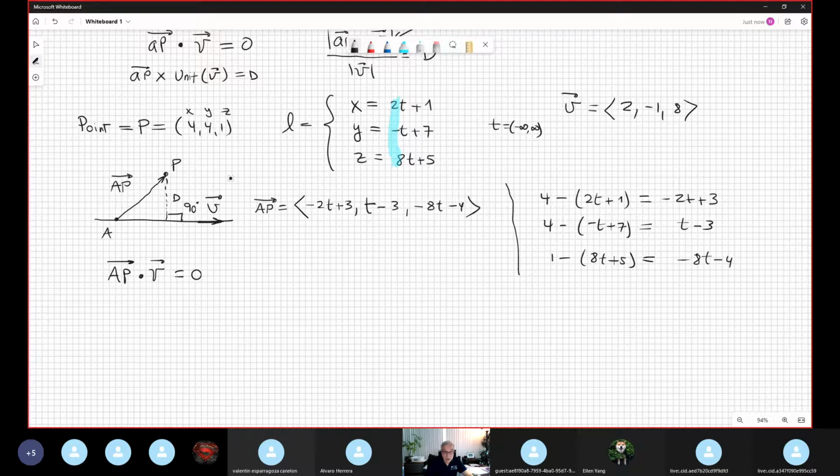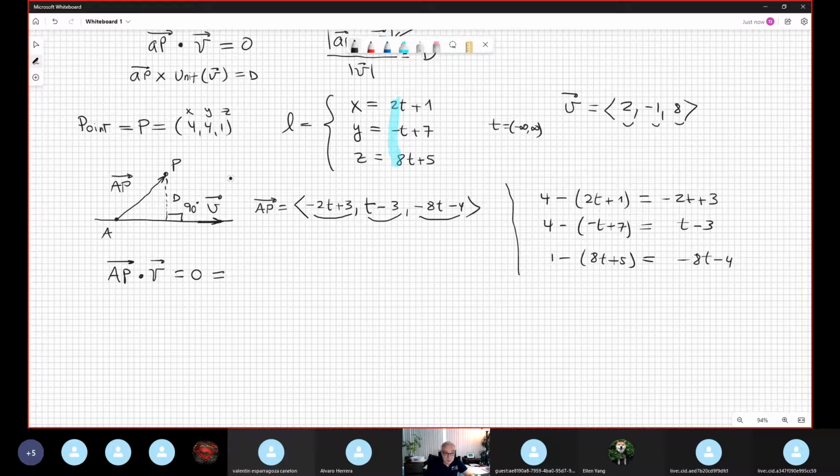Let's do it. I multiply this times this, this times this, this times this. I want to skip the algebra. I see that the answer is 69t plus 23 equal to 0.